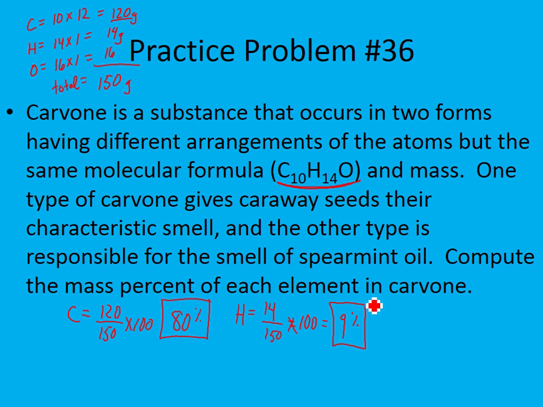Okay, now let's move on to oxygen. Oxygen's total mass in this molecule was 16 grams. So that goes on top, divided by the total mass of the molecule, which is 150. And then times it by 100 to get a percent.